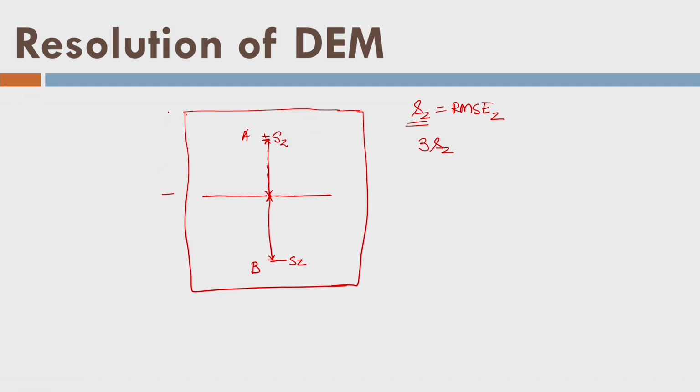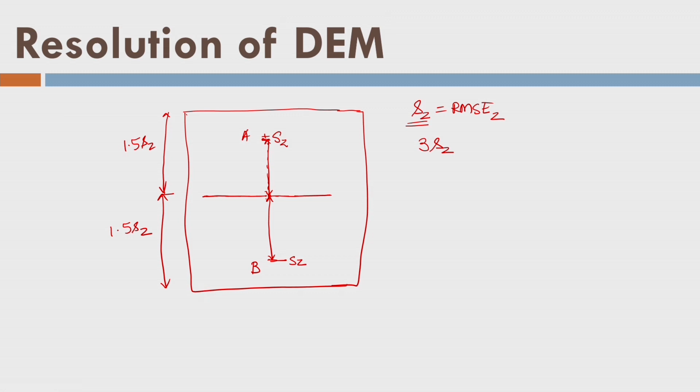So this 1.5 SZ, again it is 1.5 SZ. I can guarantee you one thing, even if I commit a 1 pixel mistake, either I will be here or I will be here, but I am always within this cell of resolution of the DEM.